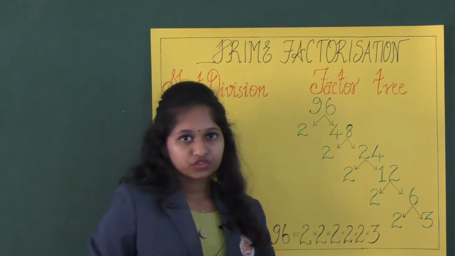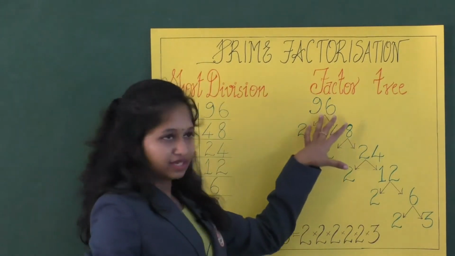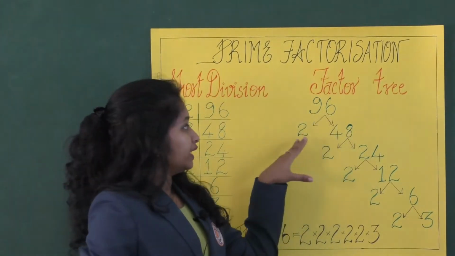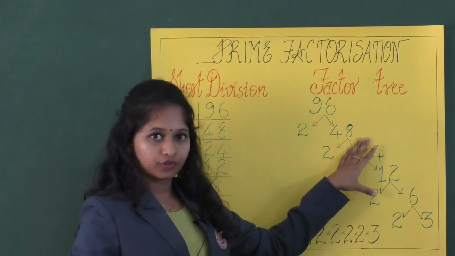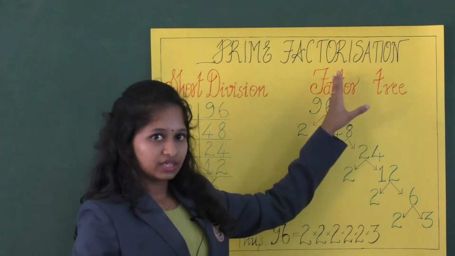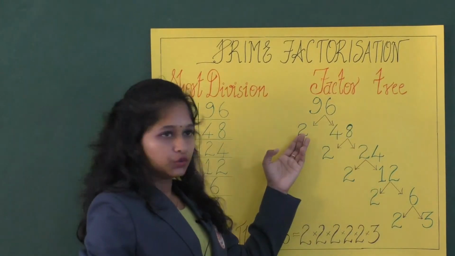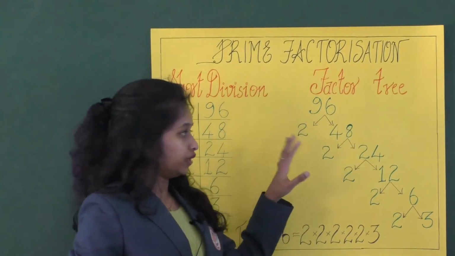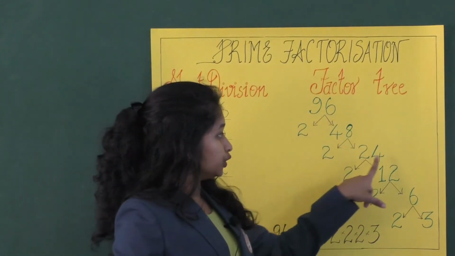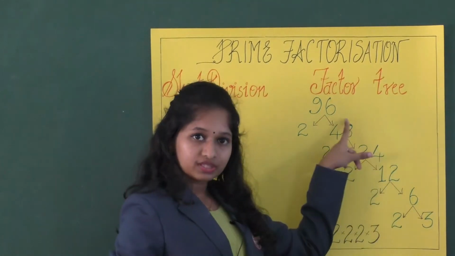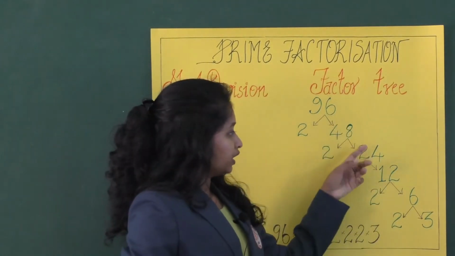In case of factor tree method, we write 96. 96 is divisible by 2 and 48. 2 into 48 is 96. Now 2 is a prime number, leave it and take 48. 2 into 24 is 48.